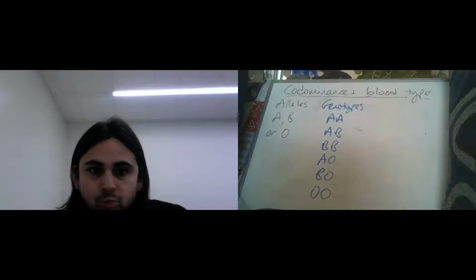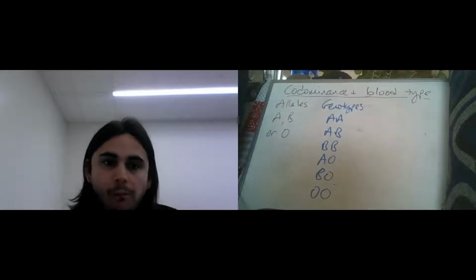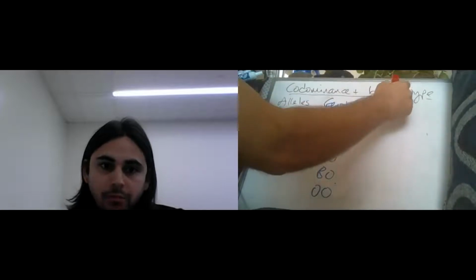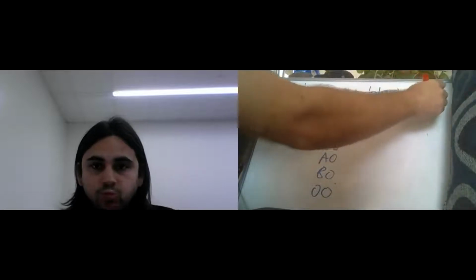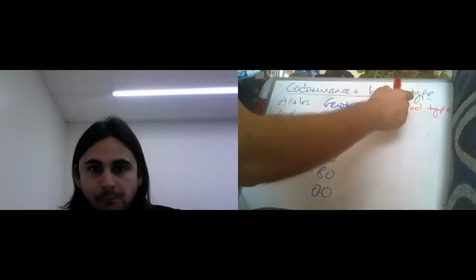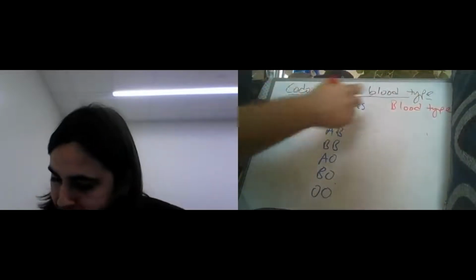Right, so those are the genotypes. But now the blood types are phenotypes.